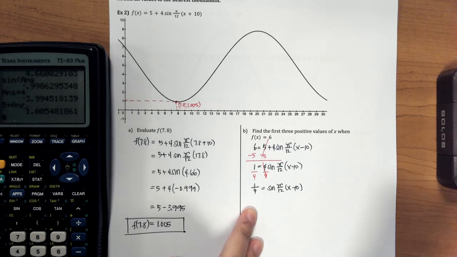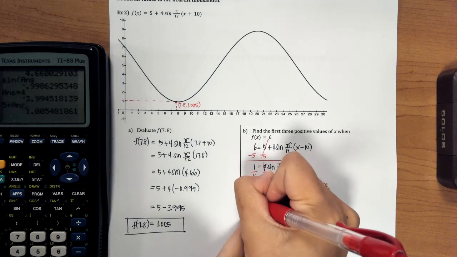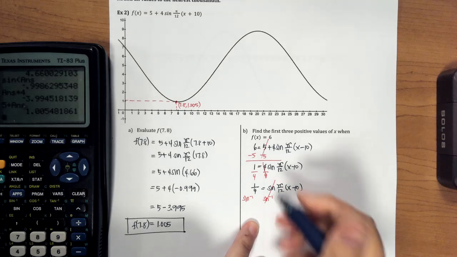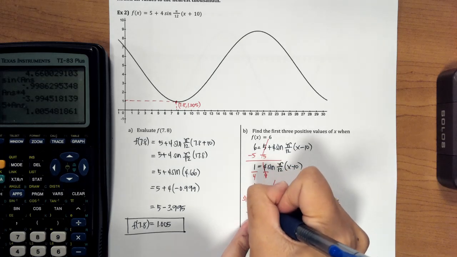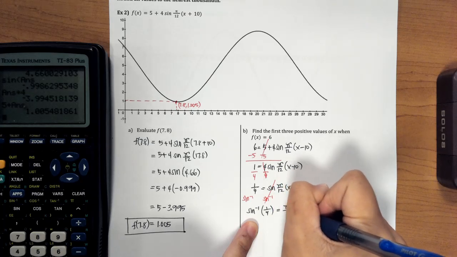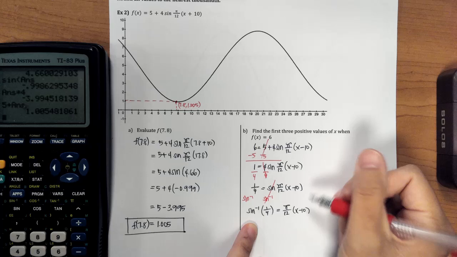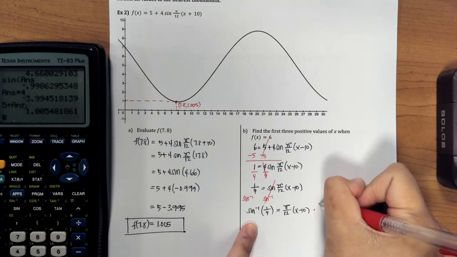I'm going to take sine inverse on both sides. Multiply by the reciprocal to get rid of the fraction on the right.